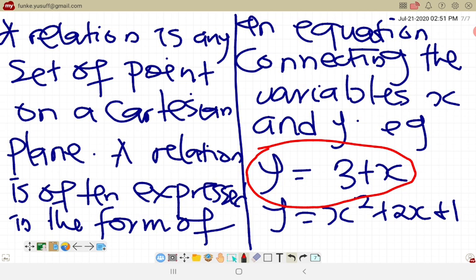Let us plot the graph of this relation for x equals 0, 1, 2. In that case, we need to find the corresponding value of y when x equals 0, 1, 2. So let's do that.